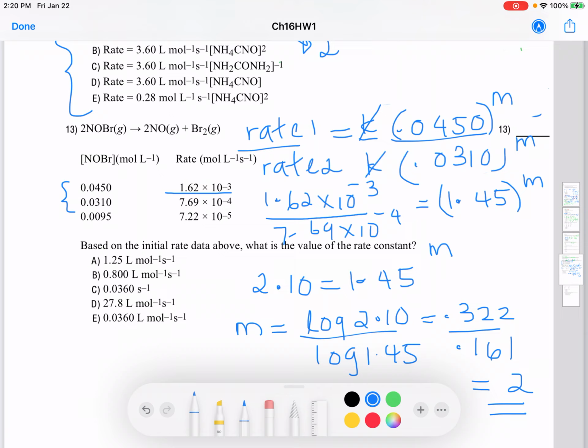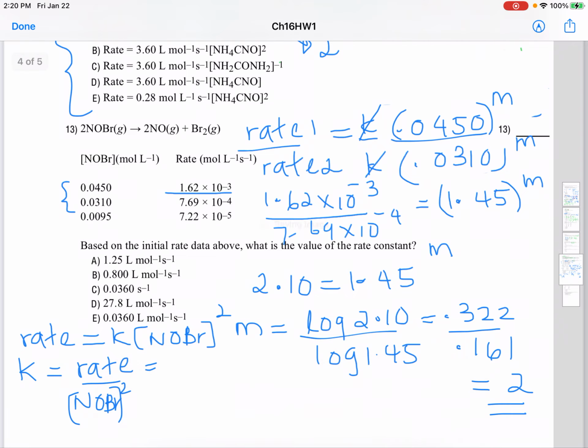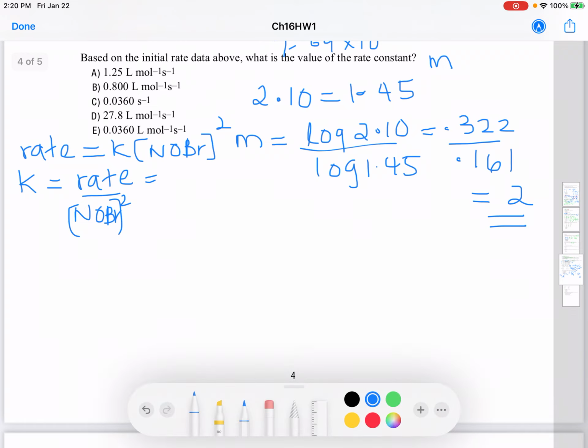Now with that in mind, we can use rate equals K times NOBr squared. Now we found the order. So the rate constant K would be the rate over the NOBr concentration squared. You can use any of the rates.